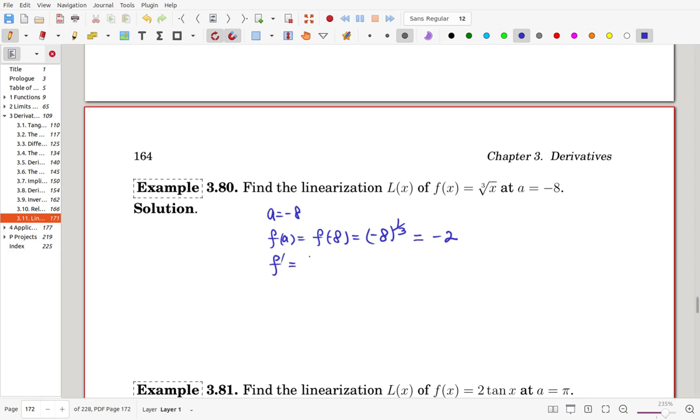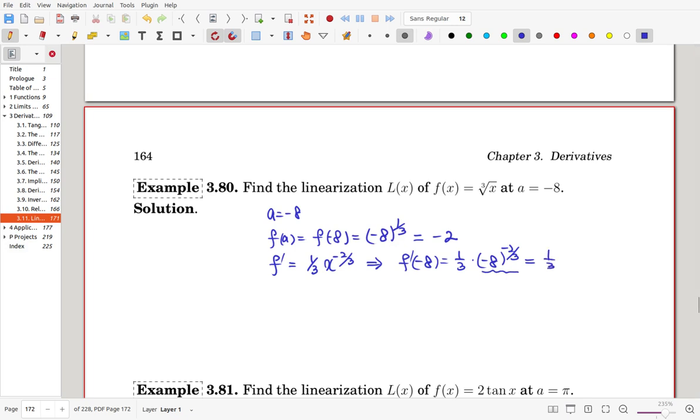The derivative of f is 1/3 x to the minus 2/3. So f prime at a = -8 is 1/3 times (-8) to the minus 2/3, where this portion is 1/4.